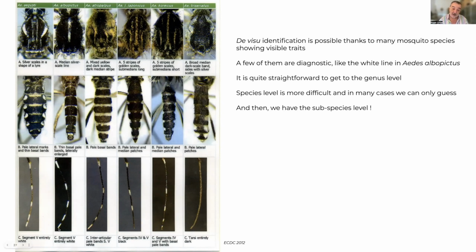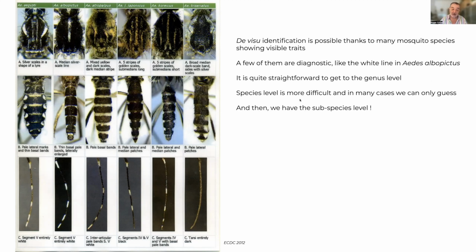But this is not the rule. This is not normal. In general, we can get to the genus level. Perhaps we cannot say it's Aedes triseriatus, but we can quite easily say, well, this is an Aedes because of general characteristics of Aedes that are quite easy to observe. But the species level is more difficult, so we can only guess.